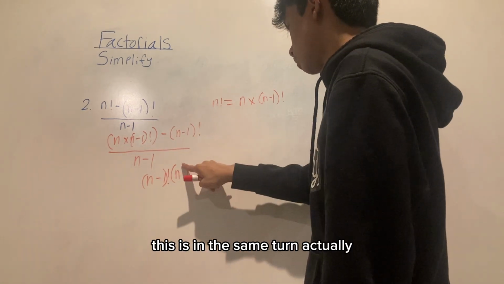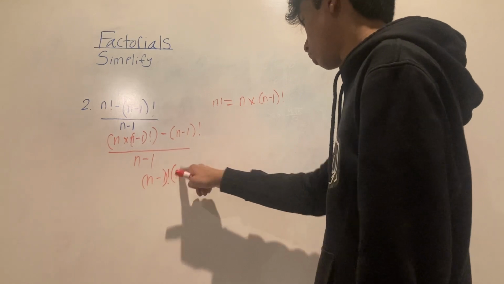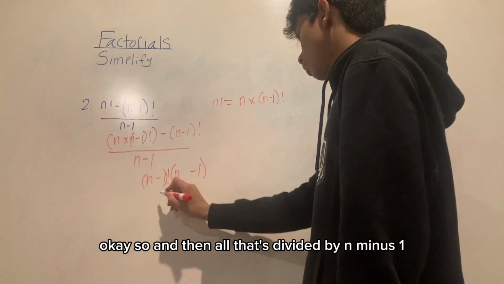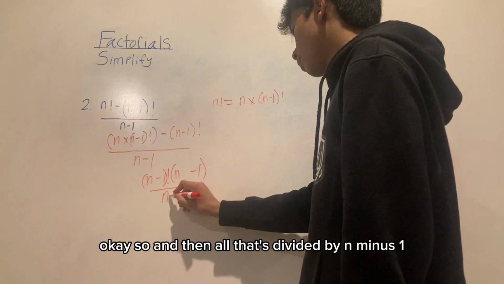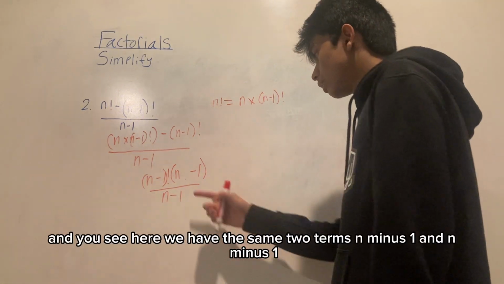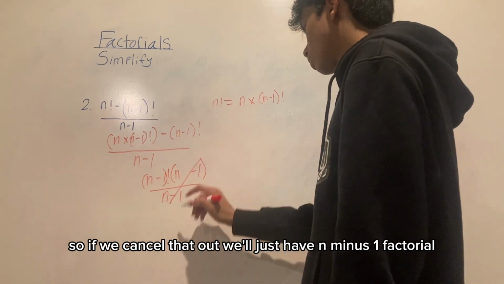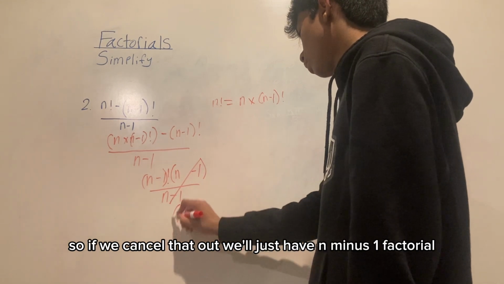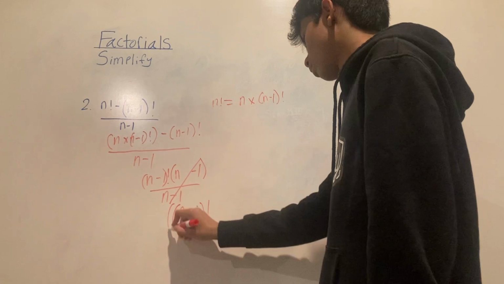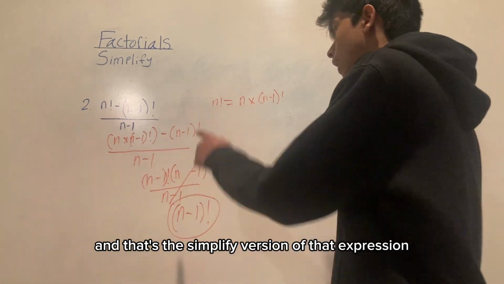This is in the same term actually. Okay, and then all that's divided by n minus 1. And you see here we have the same two terms, n minus 1 and n minus 1. So if we cancel that out, we'll just have n minus 1 factorial. And that's a simplified version of that expression.